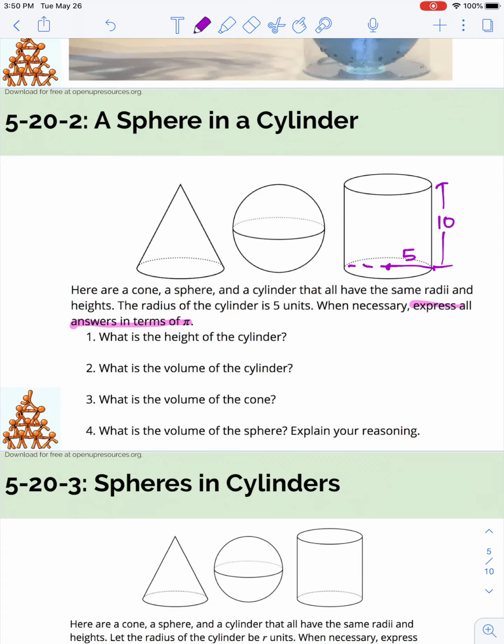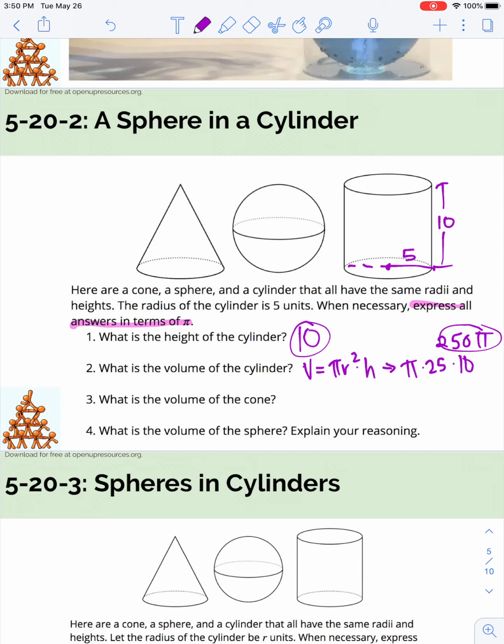So that's 10. What is the volume of the cylinder? So we go back to the volume formula, which is volume equals pi r squared times height, which is pi times 25, because 5 squared, times 10. So 250 pi.